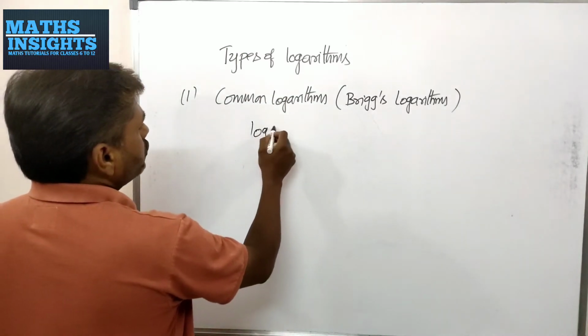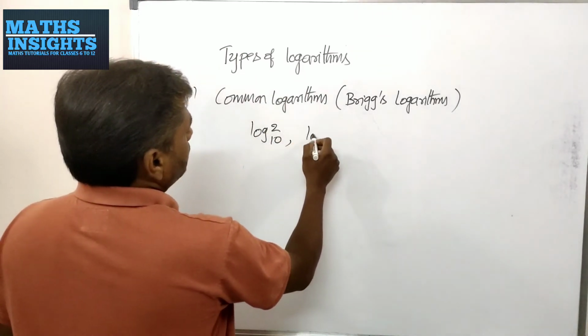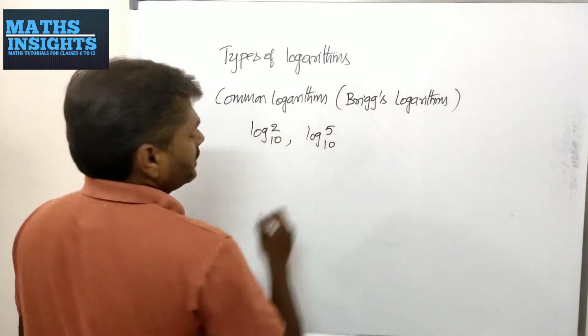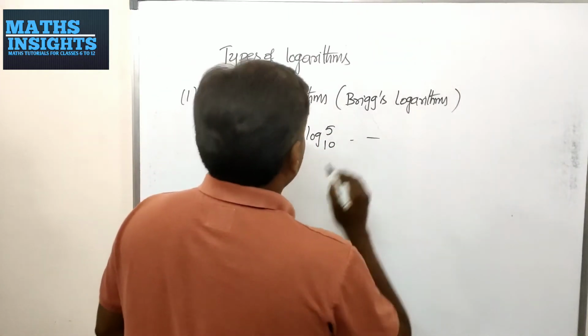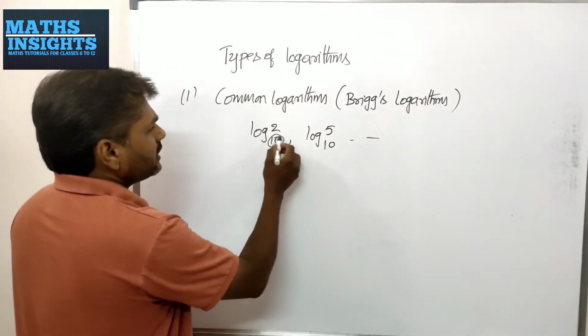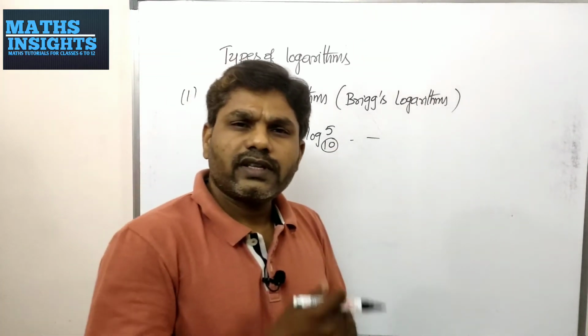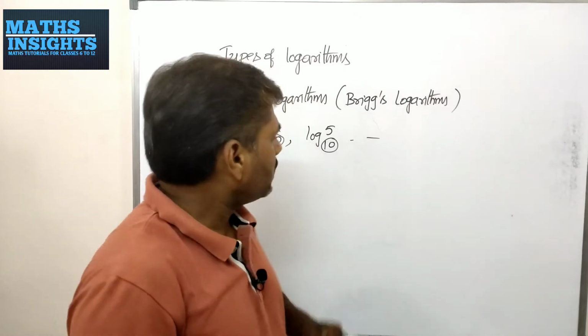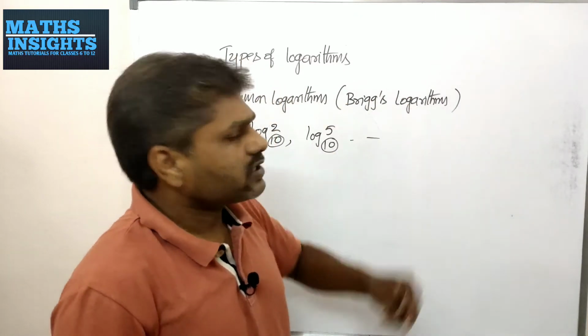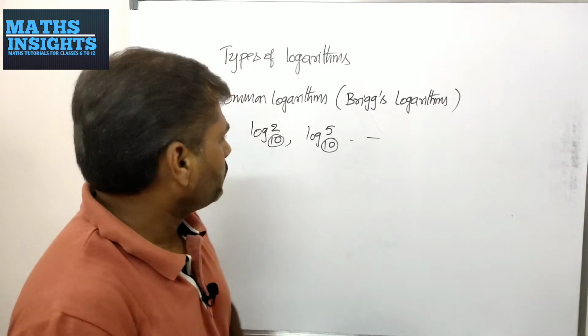Suppose log 2 base 10, log 5 base 10 and so on. The base in these two cases is 10, therefore these logarithms are called common logarithms, otherwise Briggs logarithms also.